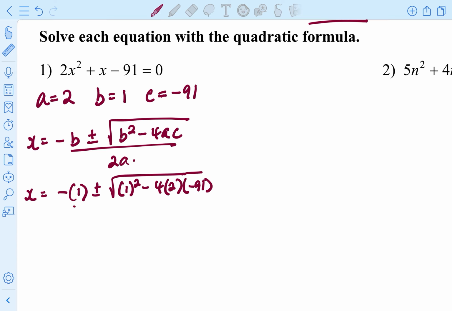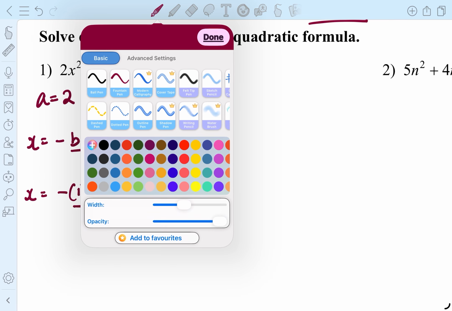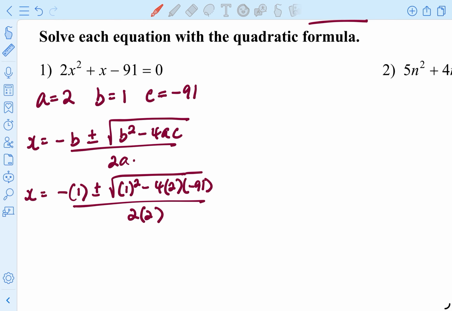What you will notice here is that all I've done, in a different ink so you could see it, is replace b, a, b, a, and c. So just pay attention to that. That's important.